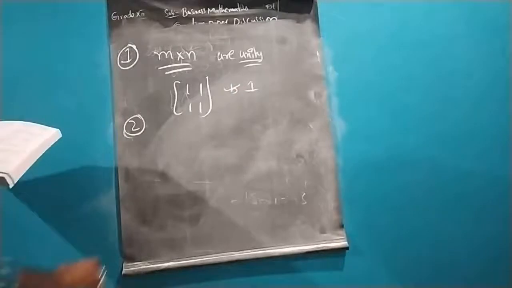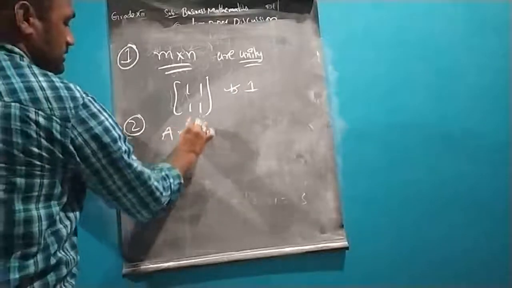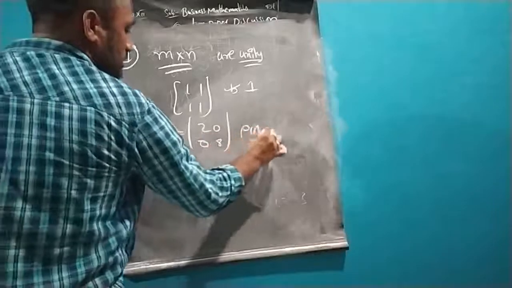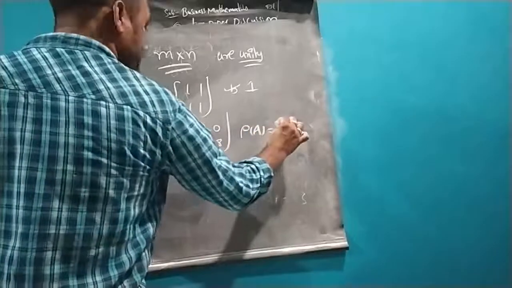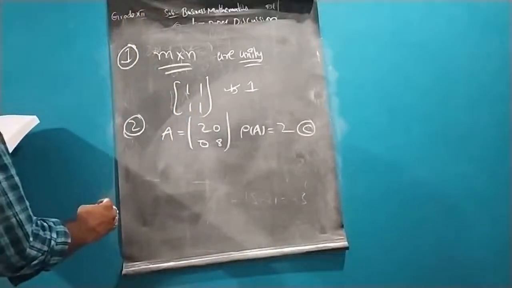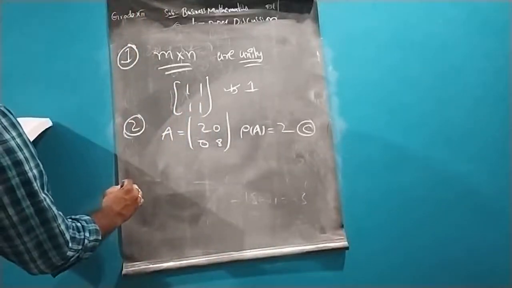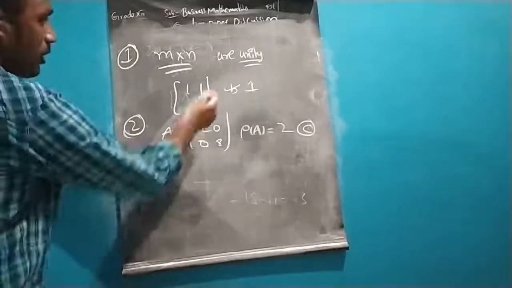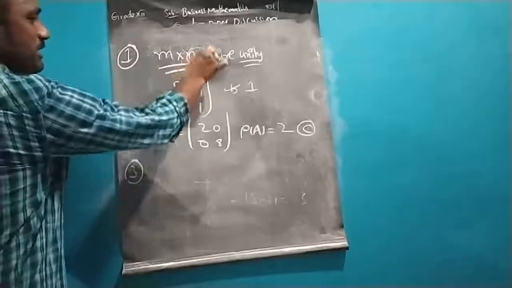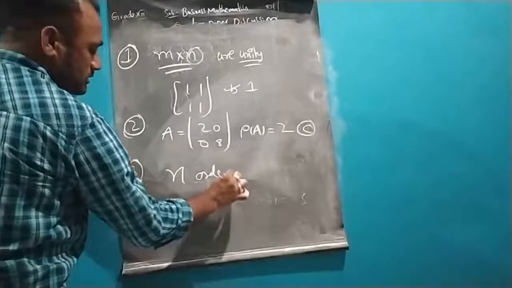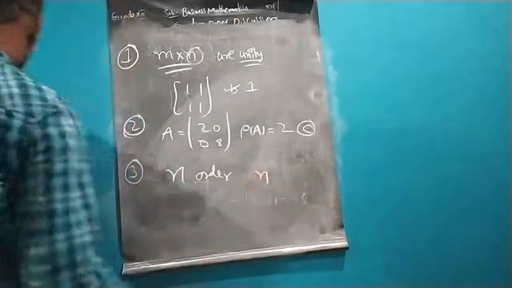Next, the second question here. You have been given a matrix 2, 0, 0, 8. What will be the rank of this? Easily we can say that the rank of this matrix is 2. So option C is correct. Next, the third question: the rank of the unit matrix of order n. Already we said that for a unit matrix of order n, the rank of the matrix is also n.